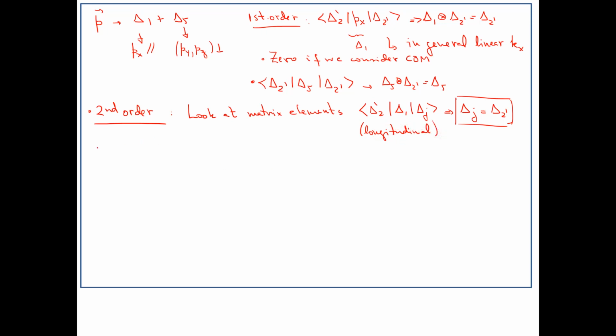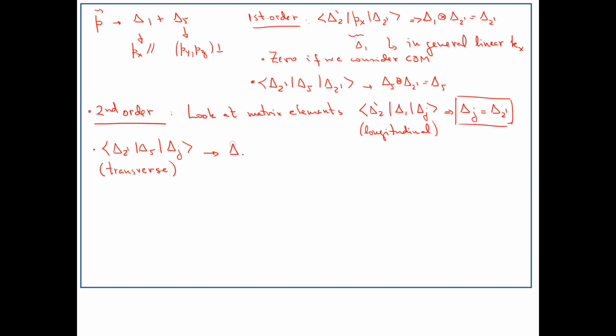Now, how about the transverse case? For the transverse case, we have to look at matrix elements of this type, this transverse. And again, we know that delta 5 times delta 2 prime is equal to delta 5.